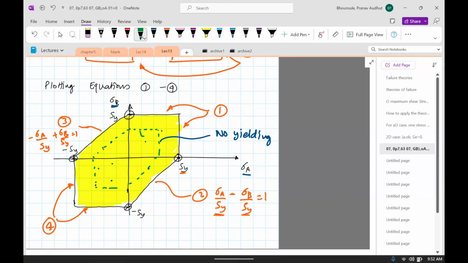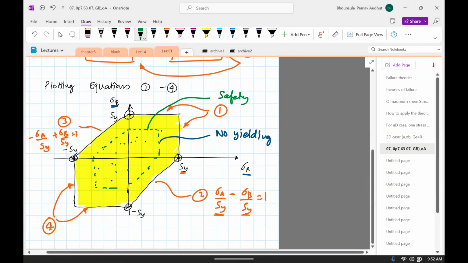If you add a factor of safety, it will shrink, which means that now your safety contour is even more conservative. You can only be in this region. If you go out, it's still safe, it won't fail, but you don't know when it will get to the point where failure occurs.